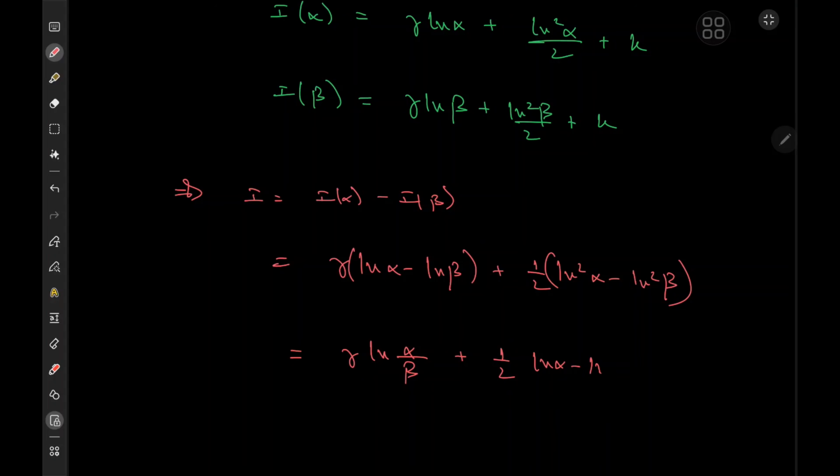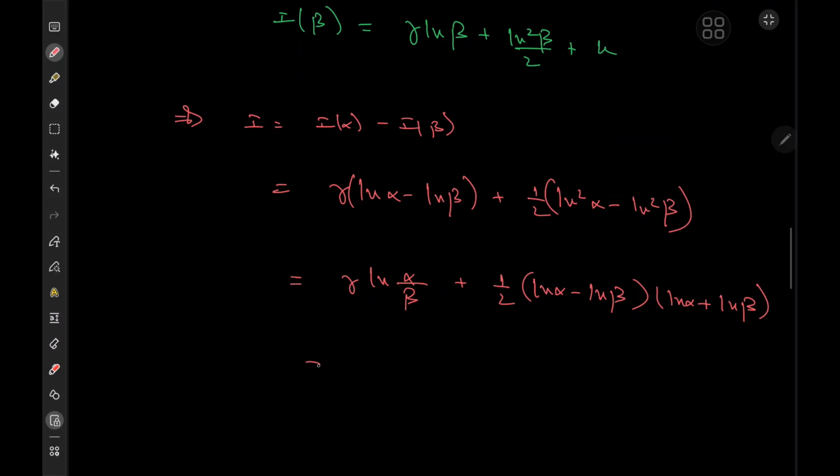So why not write this as log alpha minus log beta times log alpha plus log beta. Been a while since I actually did so much algebra. So we have gamma times log alpha over beta plus 1/2 of log alpha over beta times log of alpha times beta, which I think is absolutely gorgeous.